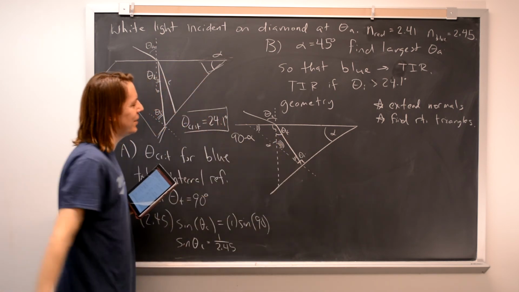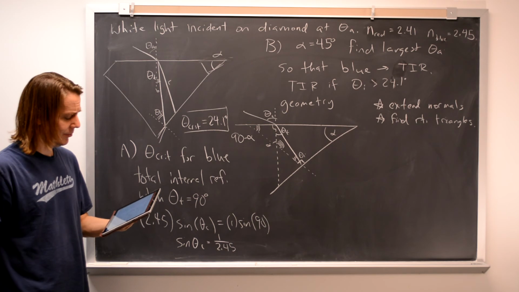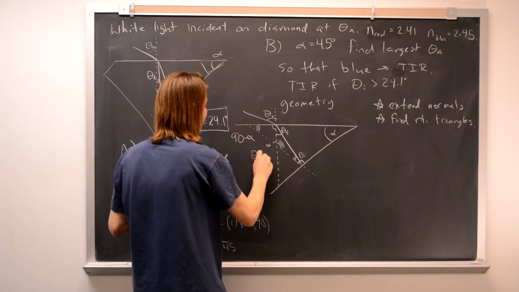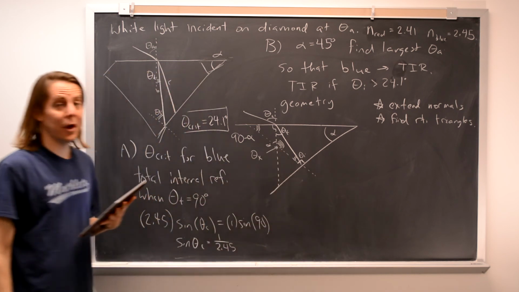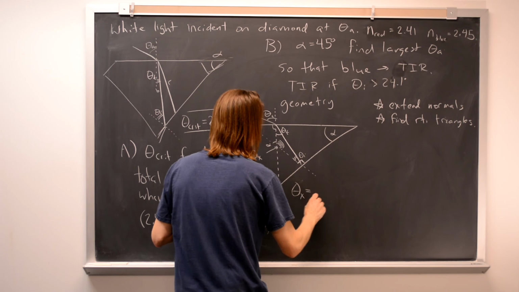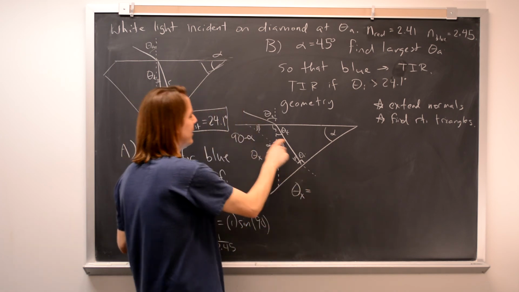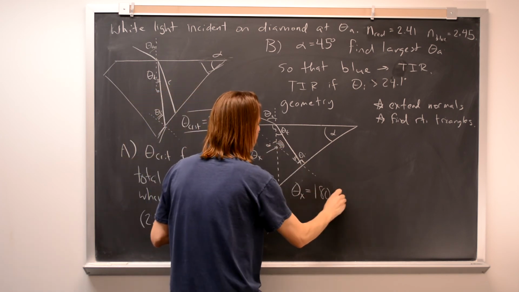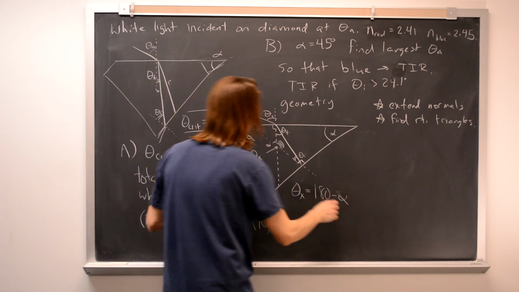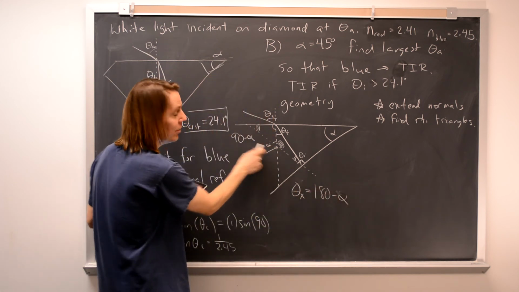Those two together have to add up to be 180. We'll call this one theta x. It's the angle we had to use to get there. So theta x is 180 minus alpha. I know that because they add up to a straight line, so it's 180.